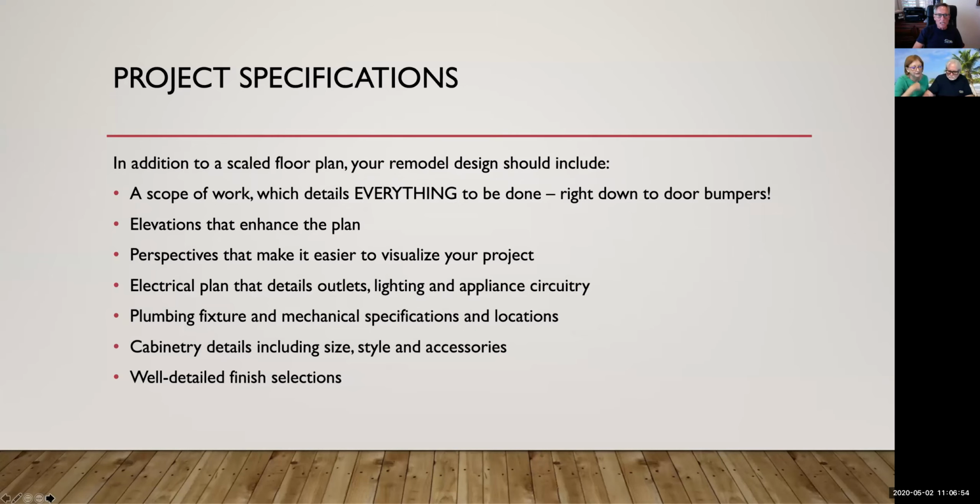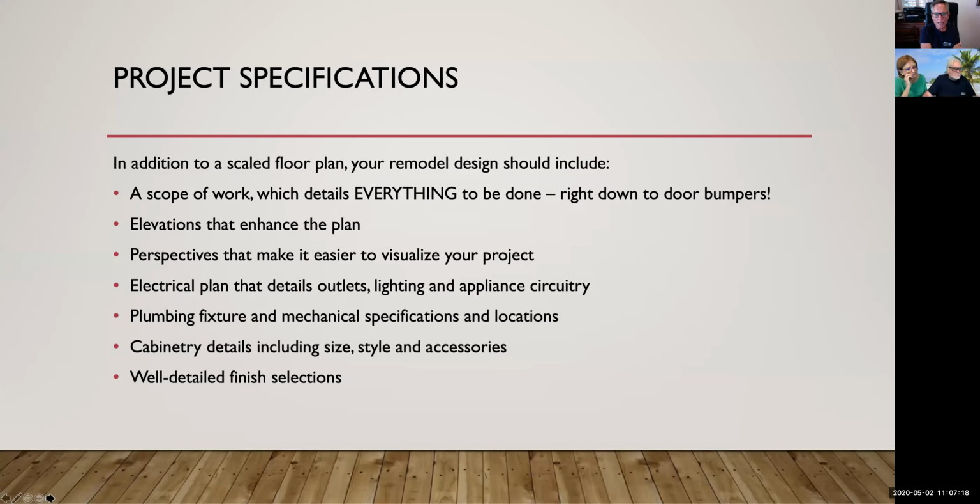Project specifications. In addition to a scaled floor plan, your remodel design should include each of the following. A scope of work or a work order, which details everything that's to be done, right down to door bumpers. Elevations that enhance the plan.